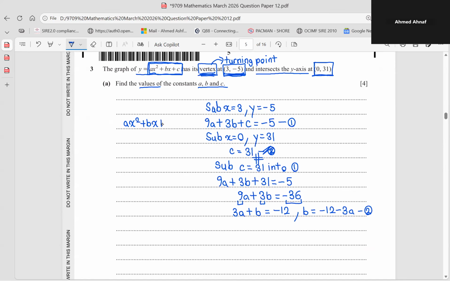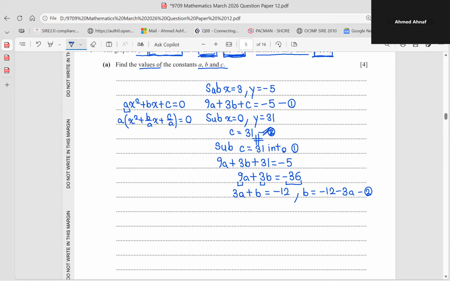So ax squared plus bx plus c equals 0. To complete the square, you make sure the coefficient of x squared is 1. So you do that by factoring out a. So you get a, bracket, x squared plus b over a x plus c over a, equals 0.